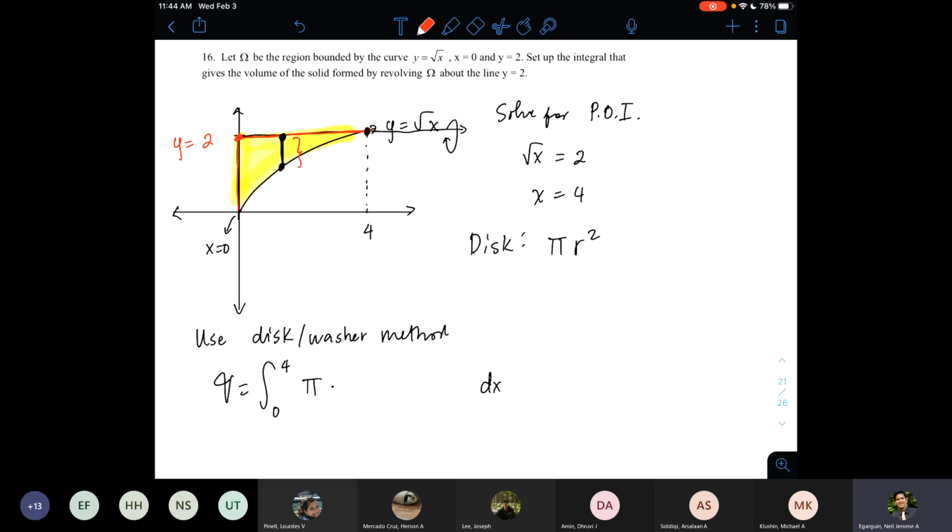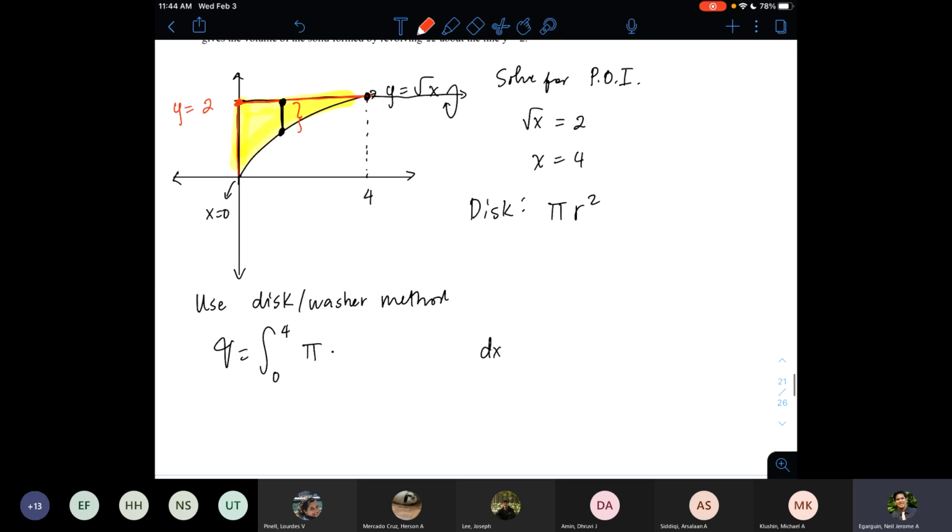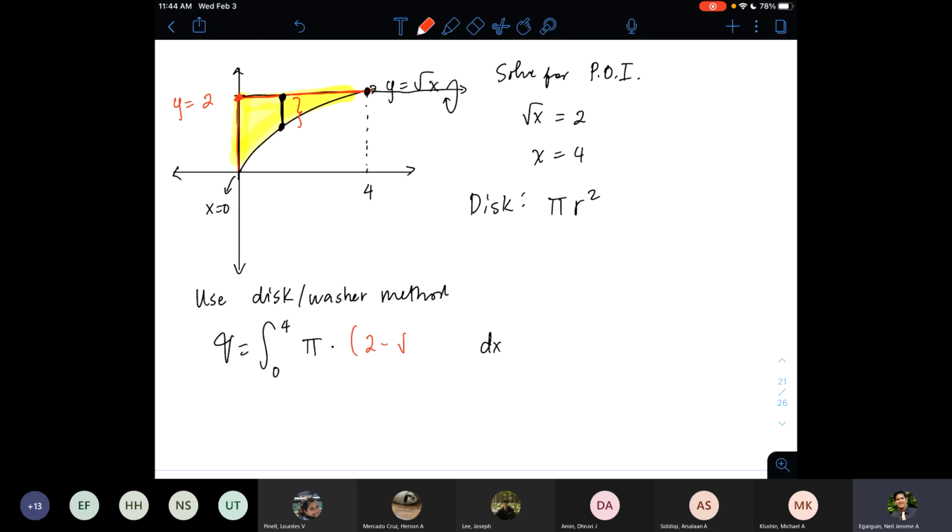There's no penalty for wrong answers. Yeah, that's correct, Herson. Top minus bottom. So that's going to be 2 minus root x. Right, Maria. That's all I did. Top minus bottom. The top curve is y equals 2. That's why I had the 2 here. The bottom function is root x. That's why I had the root x over there.